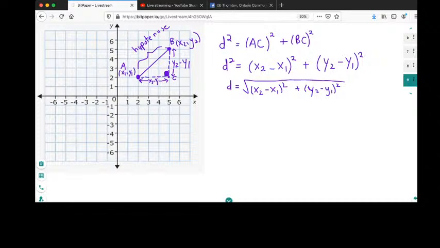So I'm going to say point A occurs at x equals 2, y is 2. Point B occurs at x equals 5, y equals 5.